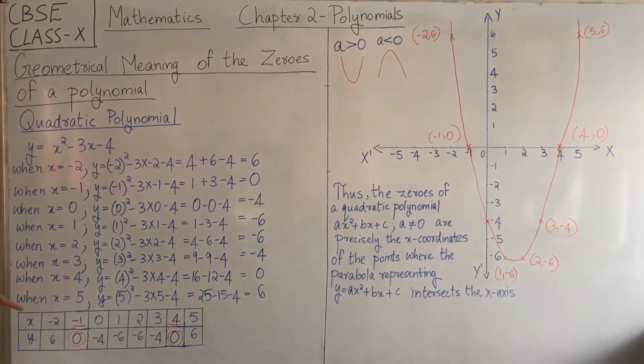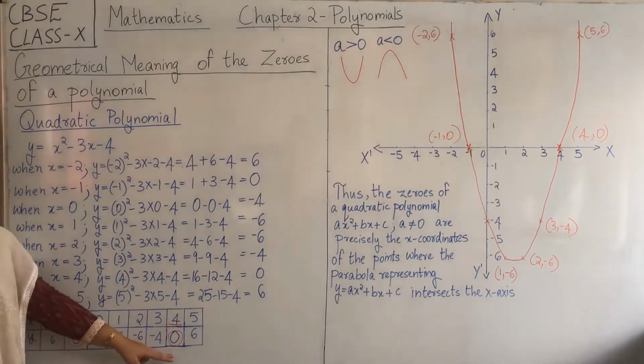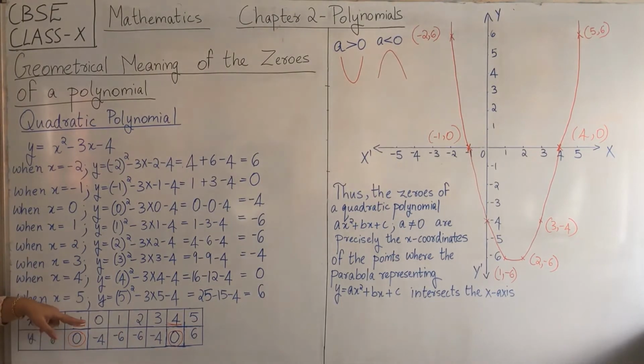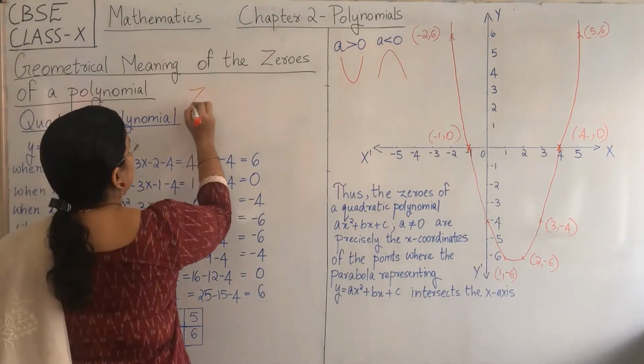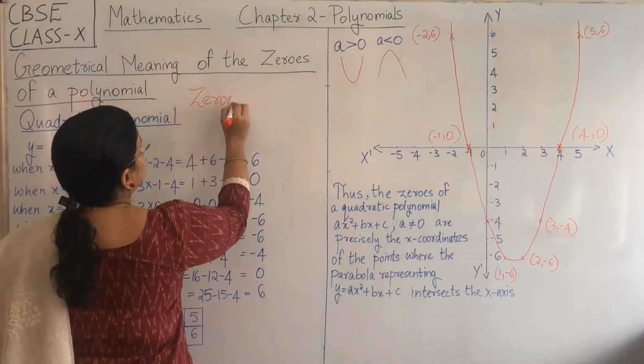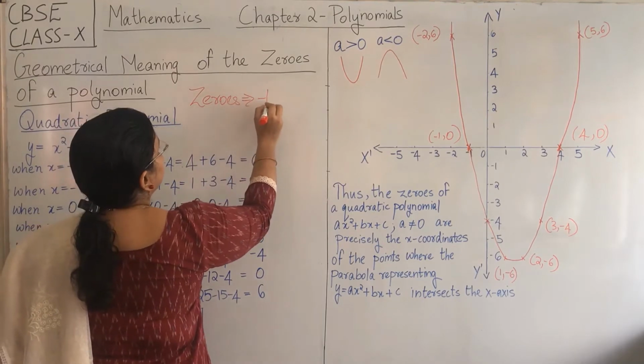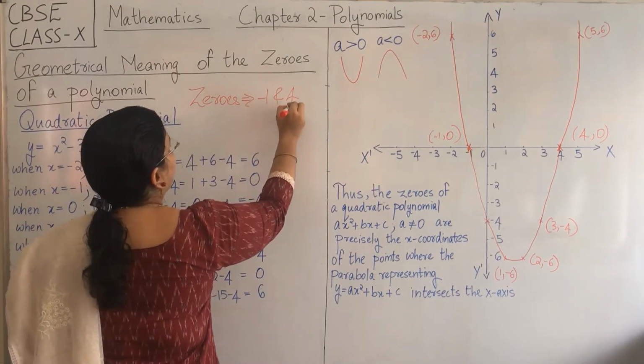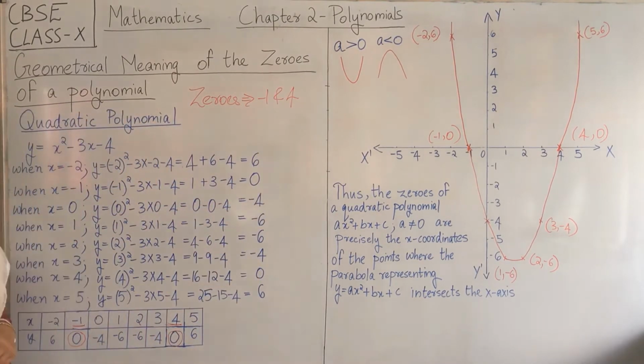So these are the zeros of this quadratic polynomial, because in both these cases we got y as 0 and we have to find the corresponding values of x. So we got the zeros as -1 and 4, right?